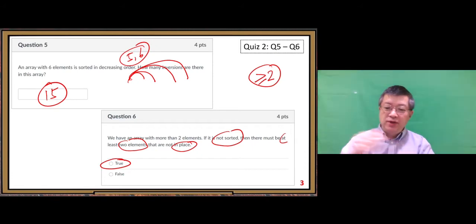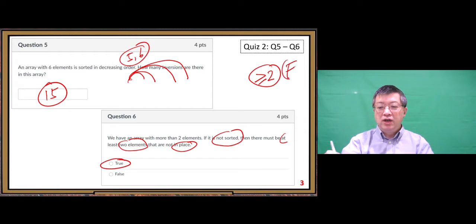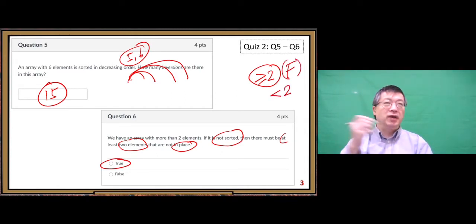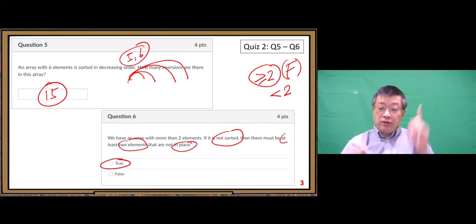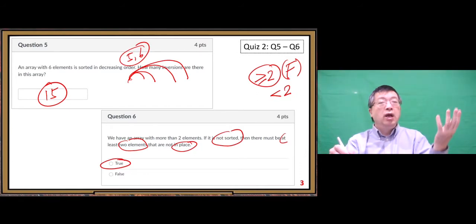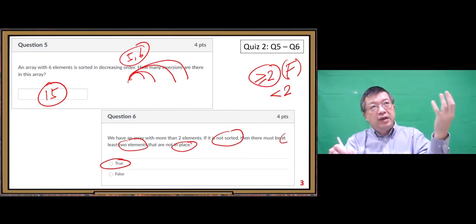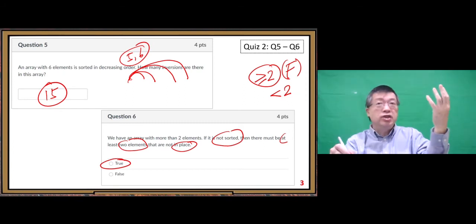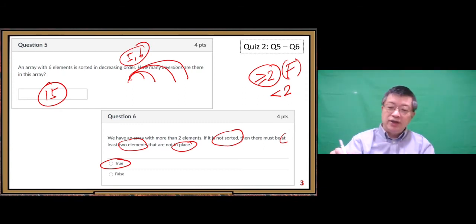Suppose this is false. Then that means less than 2. Less than 2, but not sorted. Remember, it's not sorted, so it cannot be 0. The number of elements that are not in place cannot be 0. If it's 0, it is sorted, right?